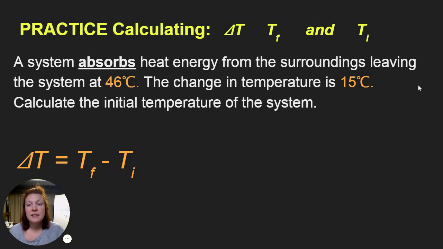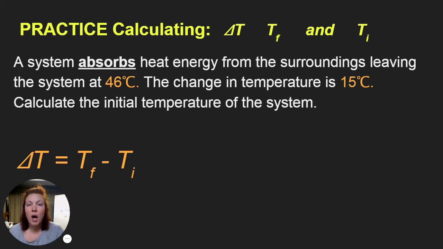Another example: a system absorbs heat energy from the surroundings, leaving the system at 46 degrees Celsius. The change in temperature is 15 degrees Celsius. Calculate the initial temperature of the system. We are given a few hints here.